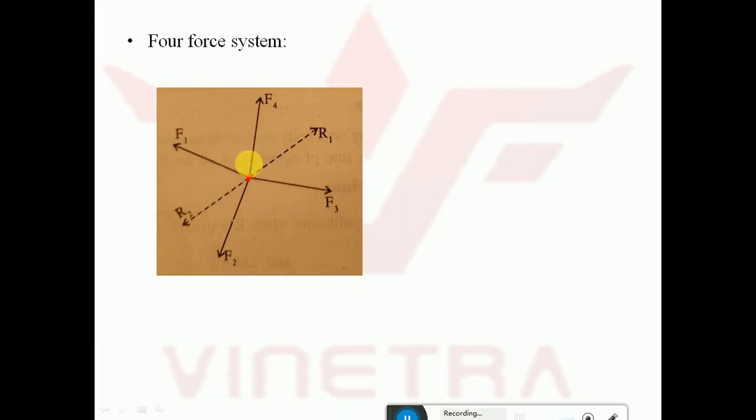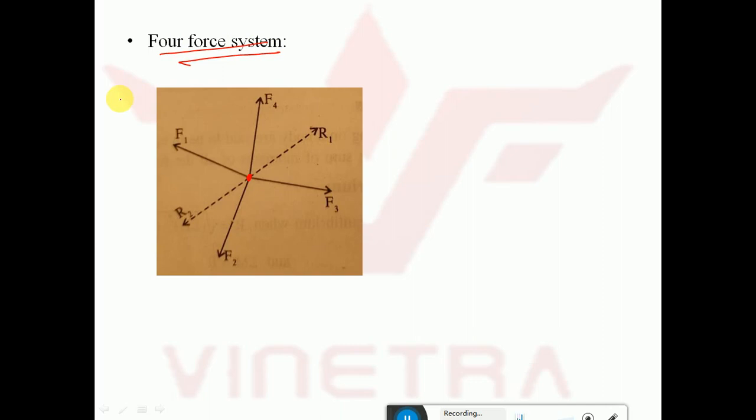If the resultants produced by the two opposite pairs, that is F3 and F4, and F1 and F2, are equal in magnitude, collinear to each other and acting opposite in direction, then the 4-force system will be in equilibrium. Otherwise the 4-force system will not be in equilibrium.